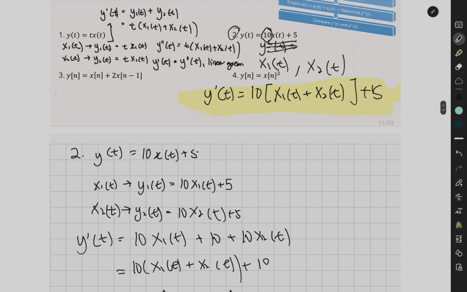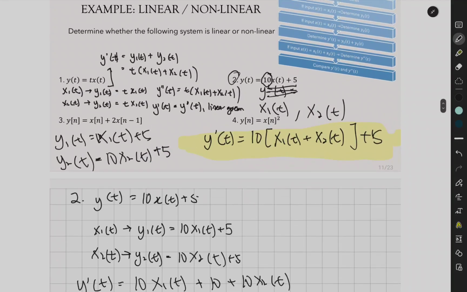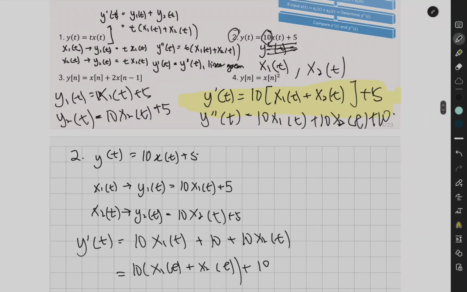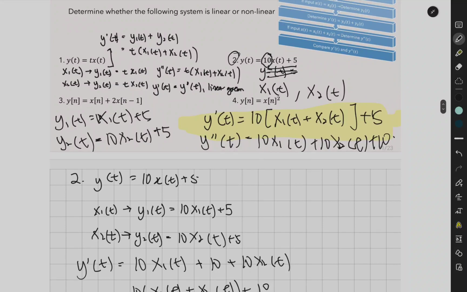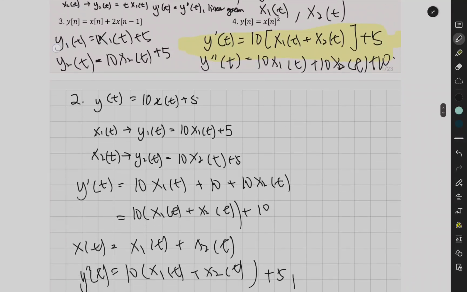We have y1t, which is a new function for x1t: 10x1t plus 5. And y2t is also a new function: 10x2t plus 5. If the two functions combine together, it becomes y bar equals 10x1t plus 10x2t plus 10. So in this example, we can see that this is actually a non-linear system.